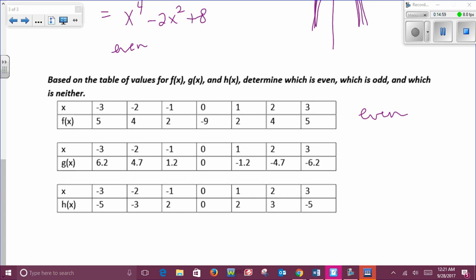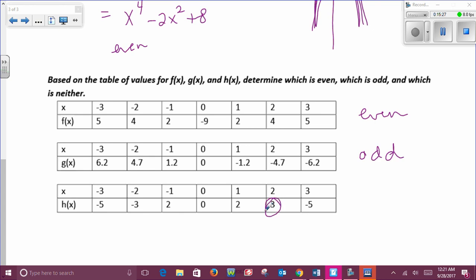For the next one, everything up here is negative, everything down here is positive, everything up here is positive, everything down here is negative. They have the same values, therefore this is odd. And the last one, I really don't see a pattern. The numbers are similar, but the biggest difference is right here.